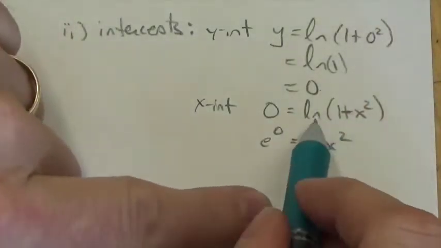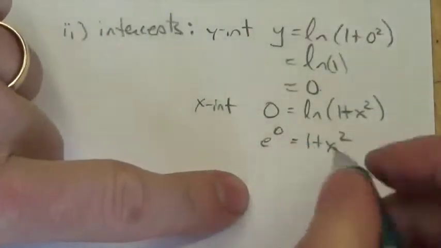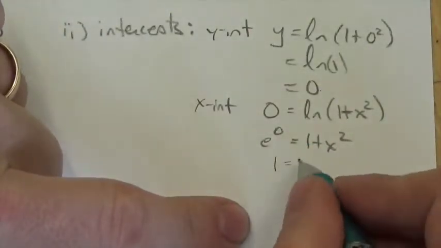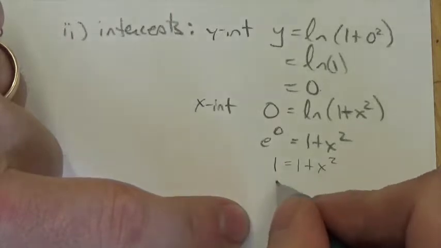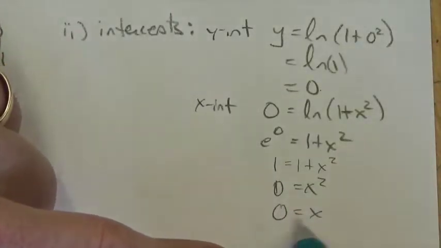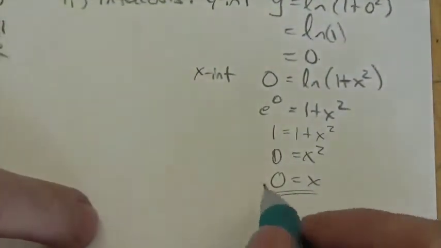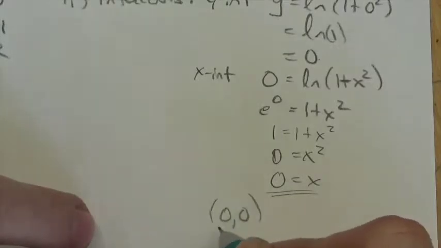Just bear in mind that if it's the natural logarithm, the base is going to be e. Now, e to the 0 is just 1. So that's 1 plus x squared. Cancel the 1's from both sides. I get 0 is equal to x squared, so x is equal to 0. So there's my x-intercept. My y-intercept is 0, my x-intercept is 0. So really what I'm looking at here is the point (0, 0).